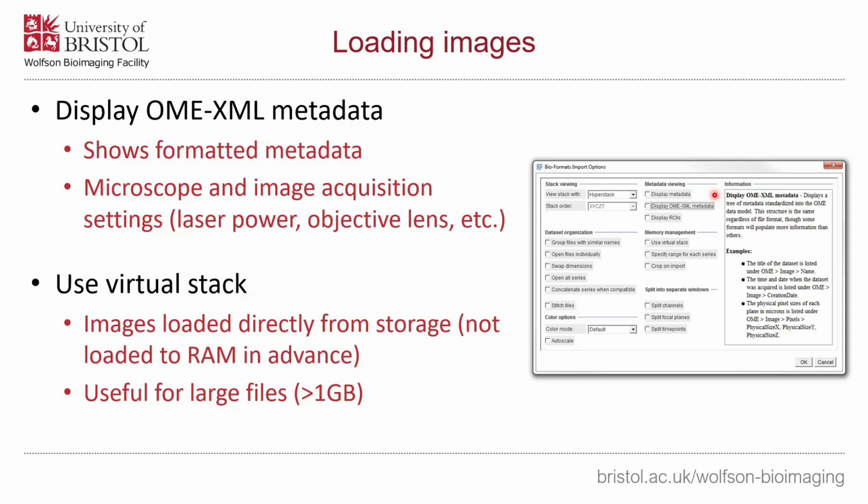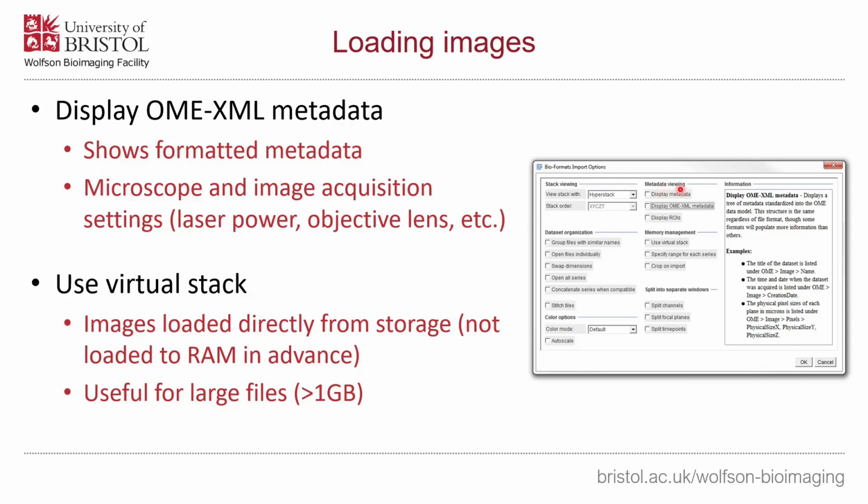And if you want to look at that, maybe you've acquired your images and you can't remember what settings you used, or whether you used the same settings across all images, you can load these up here. Just place ticks there, and it will open along with your image a little window showing you what the metadata was. Now there's a couple of different metadata options here.